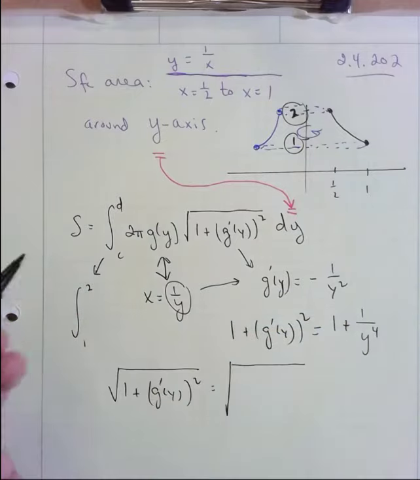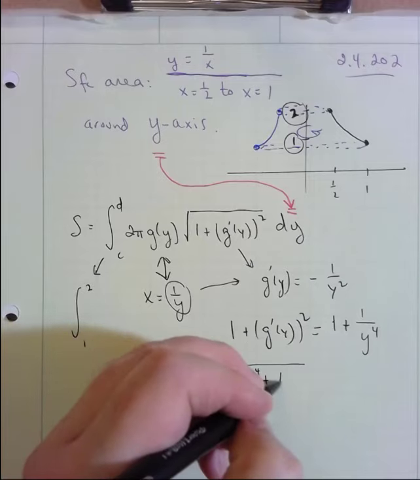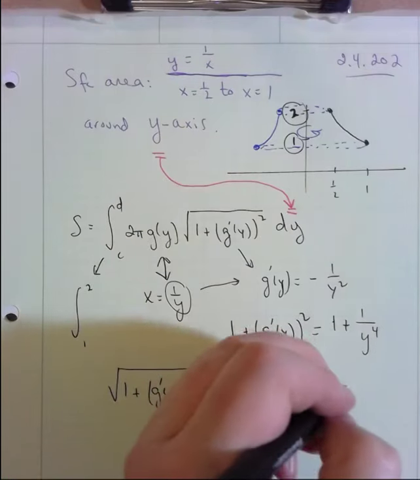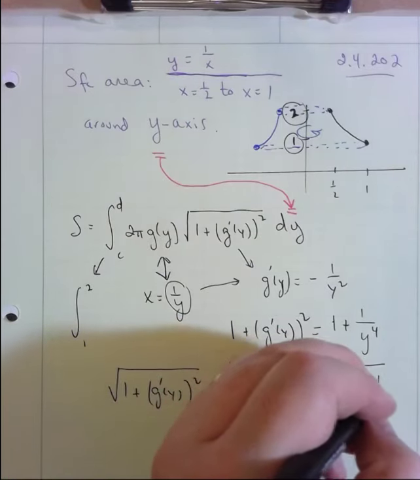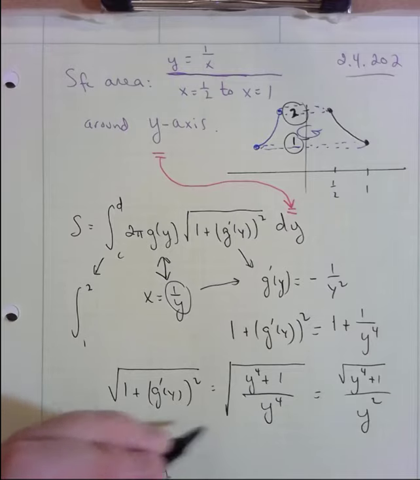Now I'm going to get a common denominator here, so this is y to the 4th over y to the 4th, so we can blend this together as y to the 4th plus 1 over y to the 4th, and that shakes out a little bit because we can let that square root do its thing on the denominator. And so when we put all this together, we will have an integral from 1 to 2 of 2 pi times the actual function, which is 1 over y, times this square root of, etc., which we just developed.